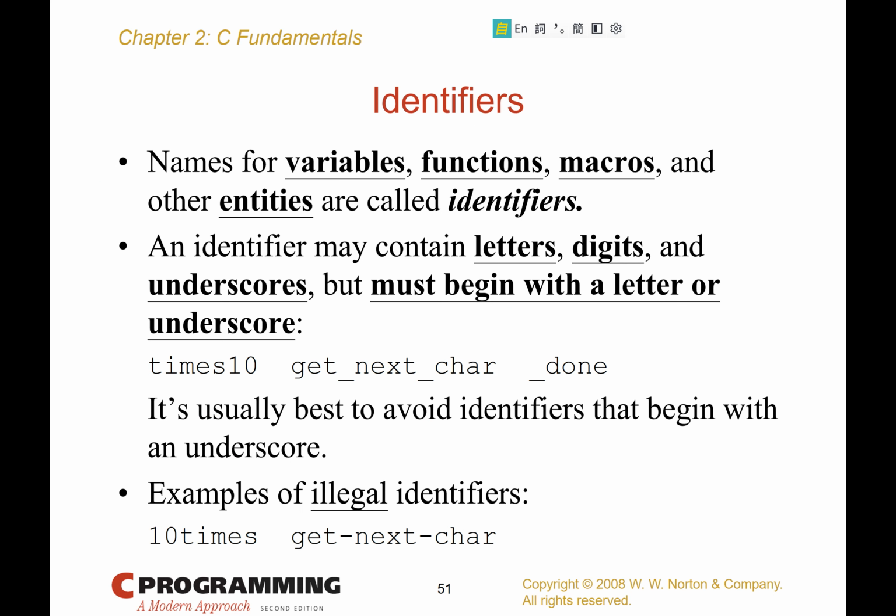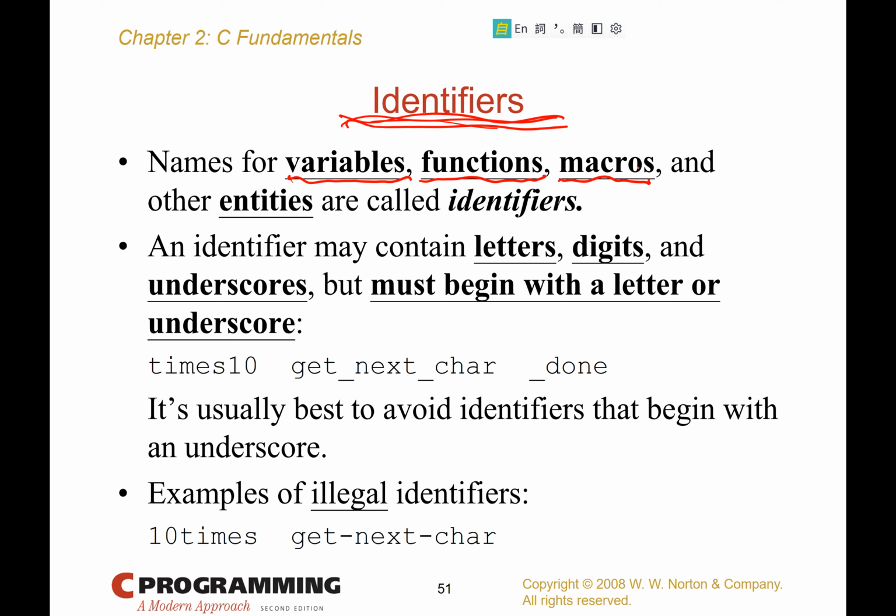Now, identifier. Identifier is a very important concept in C. An identifier means something that you can give a name to. Identifier will include variables, functions, and macros.